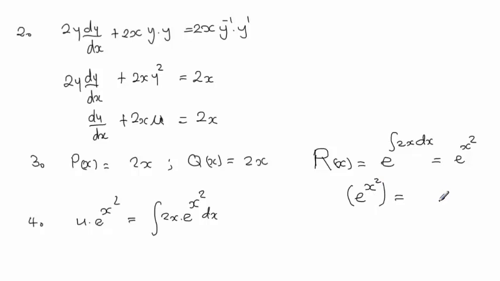You remember the derivative of an exponential function is the exponential function itself multiplied by the derivative of the argument, which in this case is 2x, multiplied by the ln of the base. In this case, ln of base e is 1, so we've got here 2x e^(x squared).